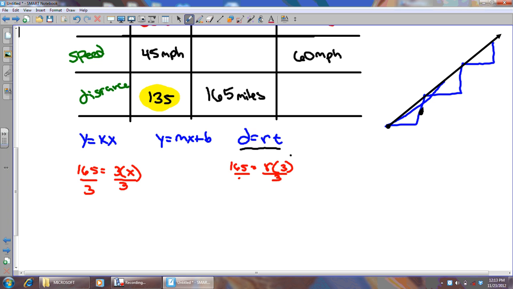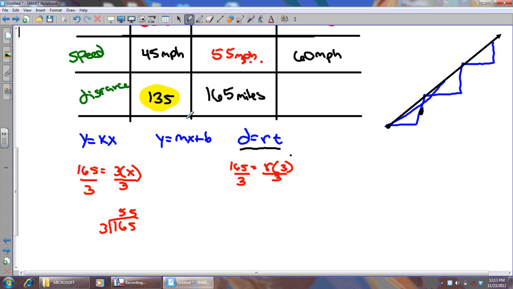See, it's the same exact problem. Okay, it's just being able to recognize, oh, this is just y equals mx plus b, where b is 0. That's all this is. All right, so let's see here. 165, 3 is going to go into there 5 times. It looks like 55 times. So that means she's traveling at 55 miles per hour.